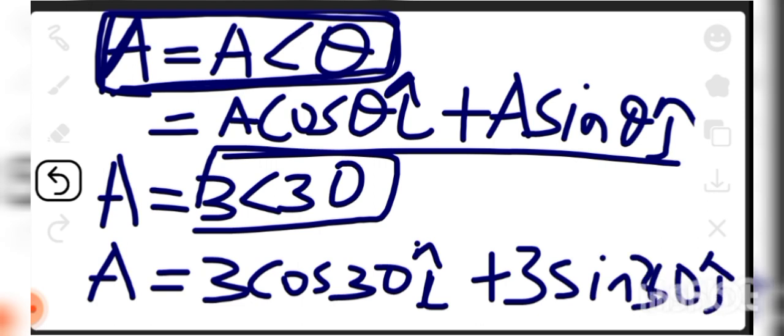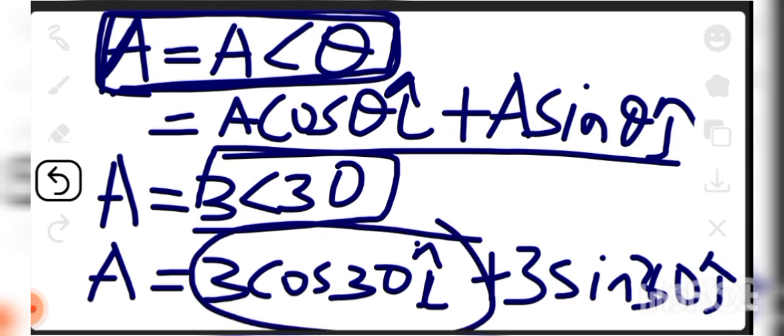So you calculate and just press 3 cos 30, write it here. 3 sin 30, write it there. If you just do this, you convert it into rectangular form. The answer will move to rectangular form. So this is the X component, this is the Y component.